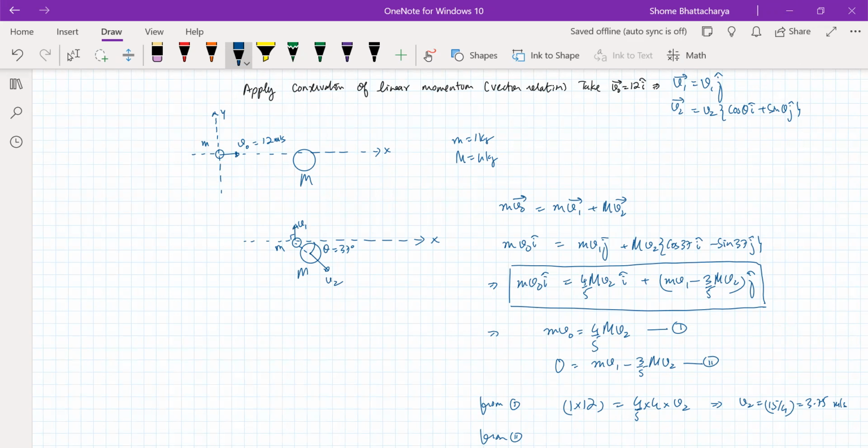And from equation 2, we will get V1 as 9 meters per second.